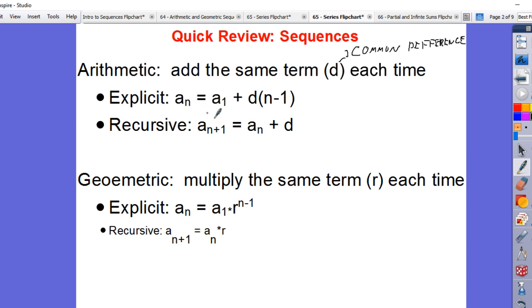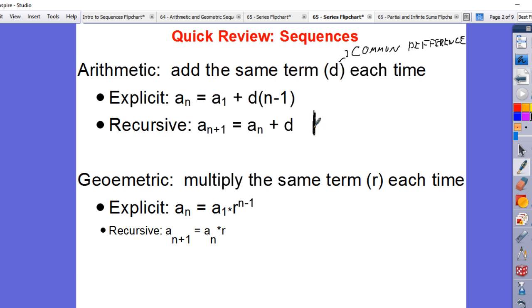So the arithmetic sequence explicit form is AN equals A1, our first term, plus D, our common difference, times N minus 1. Each term, you are adding D to the previous term. One way to express the recursive form is AN plus 1 equals AN plus D, which means the next term is equal to the current term plus our common difference.